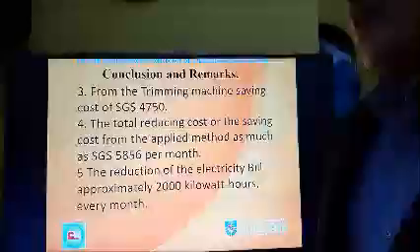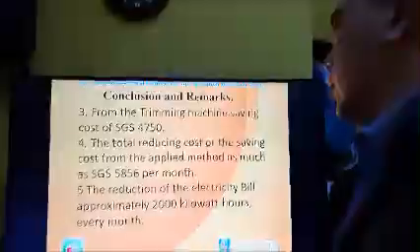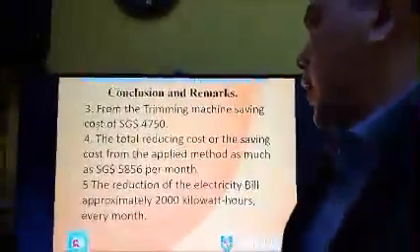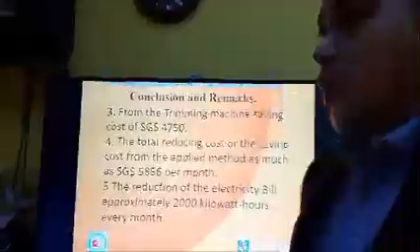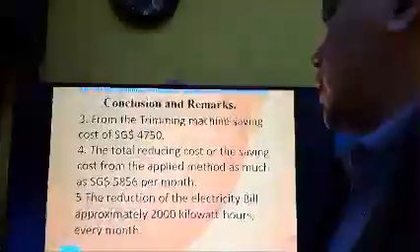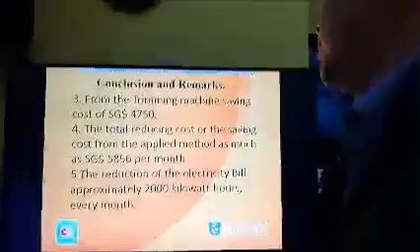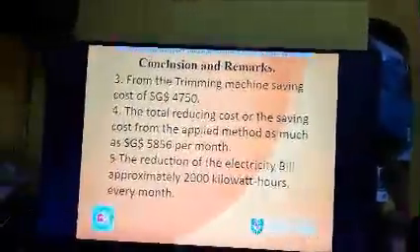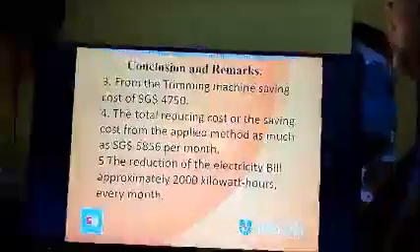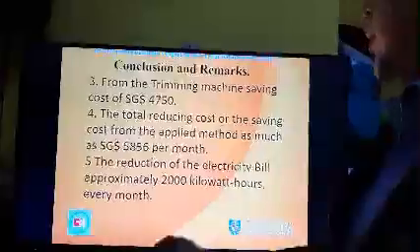So if we combine and calculate from 3 items only, we can reducing cost for the saving of the electricity and the spare part consumption costs around 5,856 Singapore dollar per month. And the reduction of the electricity bill approximately 2,000 kilowatt hour every month.